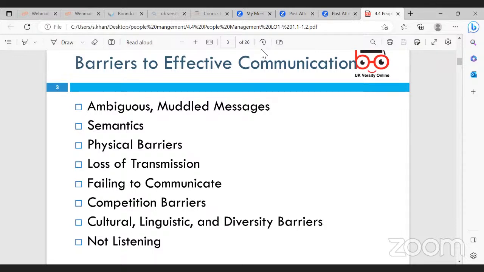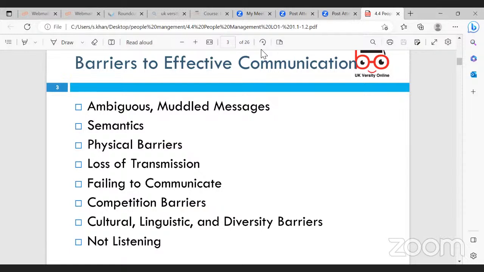As we stated earlier, communication is the process by which information is exchanged between individuals, in regards to signs and symbols, and then there's also different sorts of barriers that may affect communication.